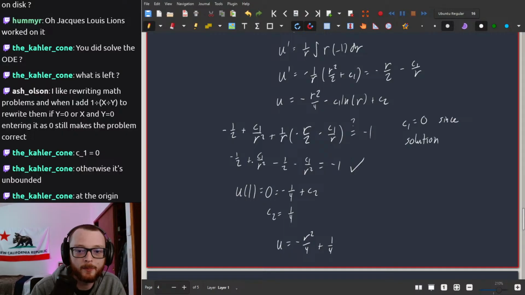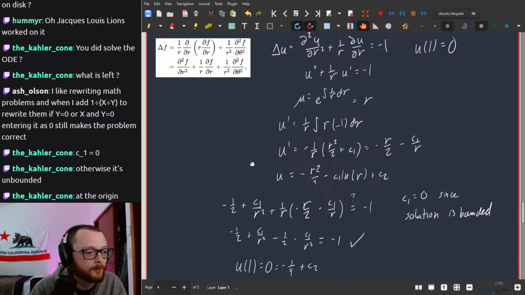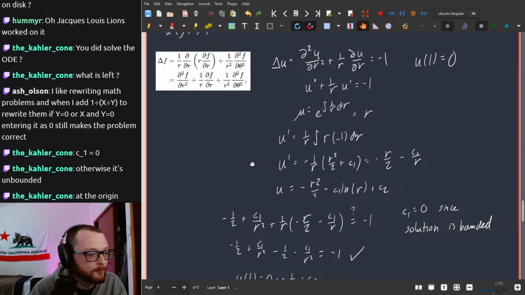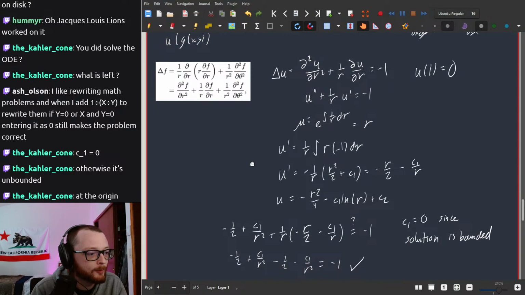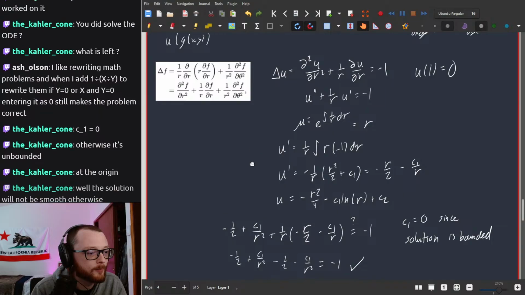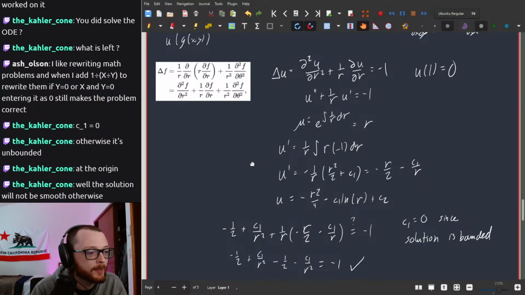And that's like a maximum value principle thing, right? I think. Or minimum. You like rewriting math problems when you add 1 divided by x divided by y to rewrite them when x or y equals 0. Oh, yeah, I think it's kind of like a cheesy way to get around dividing by 0.